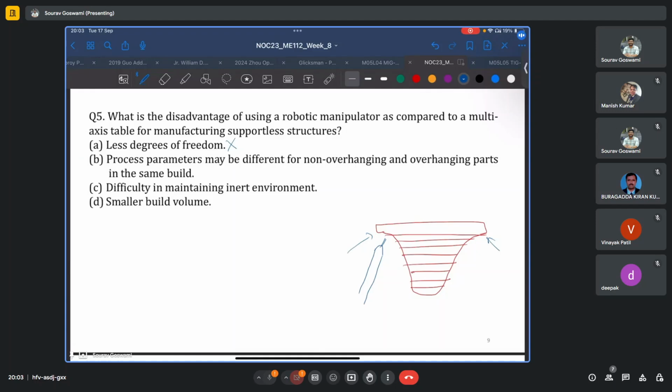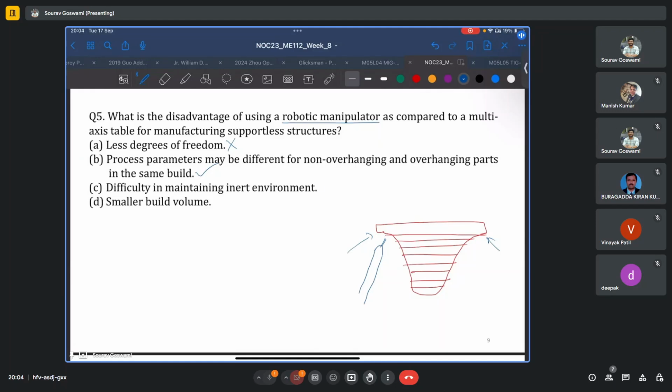The process parameters may be different for non-overhanging and overhanging parts in the same build in the case of robotic manipulators, because as we saw, one of the cases may correspond to overhead welding, whereas in the case of multi-axis DOF table, the parameters may remain the same. Is it the difficulty in maintaining inert environment?